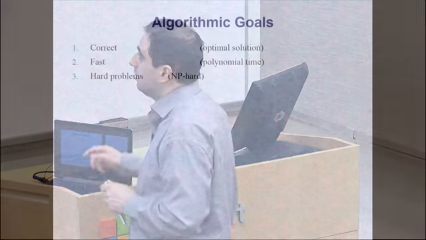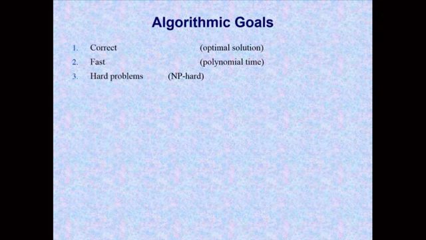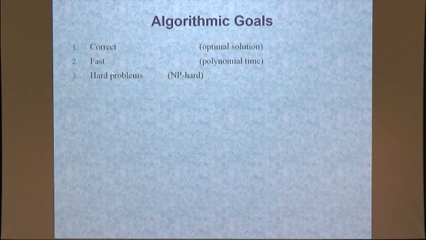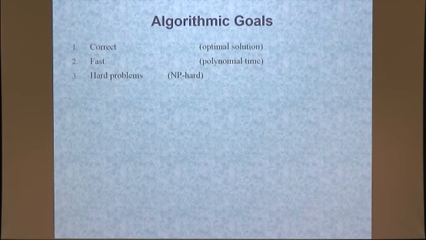Here we consider 3 algorithmic goals. We want algorithms which are correct and fast. Fast means polynomial, and correct means an optimal solution. And we want to handle hard problems, essentially NP-hard problems.